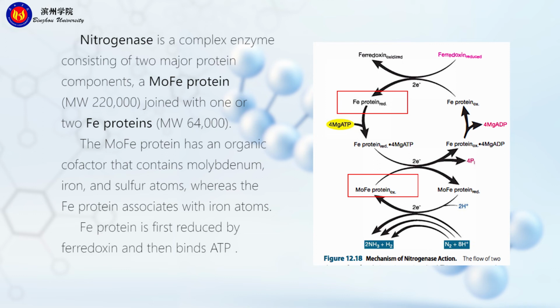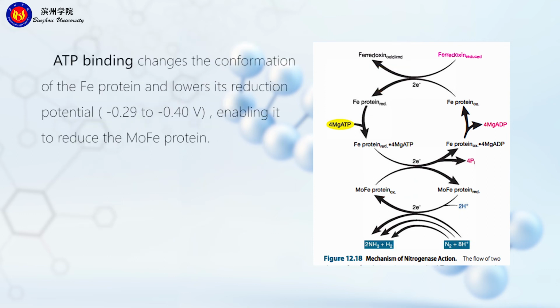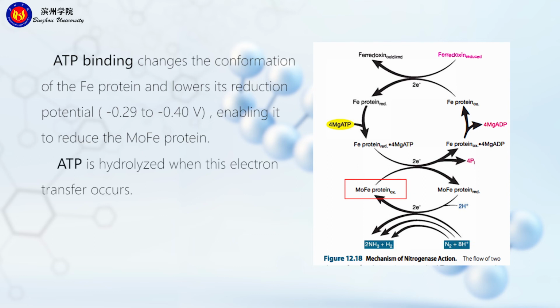The iron protein is first reduced by ferredoxin and then by ATP. ATP binding changes the conformation of the iron protein and lowers its reduction potential, enabling it to reduce the molybdenum-iron protein. ATP is hydrolyzed when this electron transfer occurs.